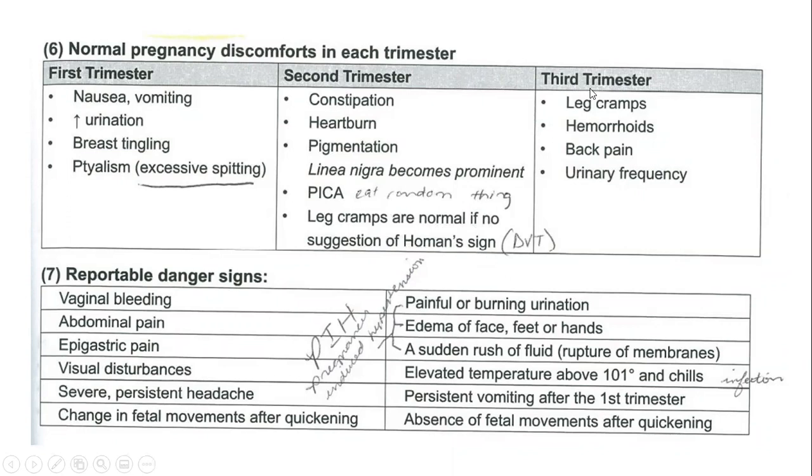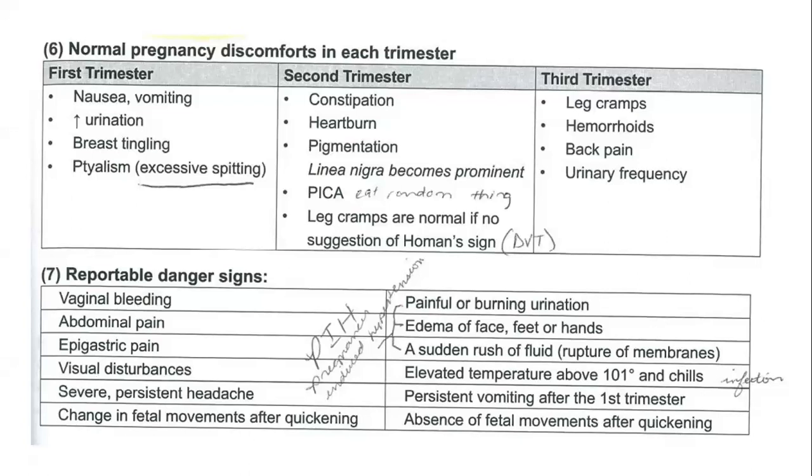In the third trimester, leg cramping, hemorrhoids, back pain, and urinary frequency. What are the reportable danger signs? If we see any one of them, we need to inform the healthcare provider, and also monitor if the mother has abnormal vaginal bleeding, abdominal pain, epigastric pain, or visual disturbance, which may mean eclampsia or pre-eclampsia.